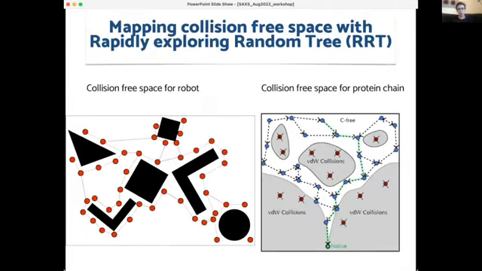And we explore the space that is accessible to the protein without collisions. So we don't want any steric clashes between the domains. So we are looking for the space of all possible conformations without steric clashes.